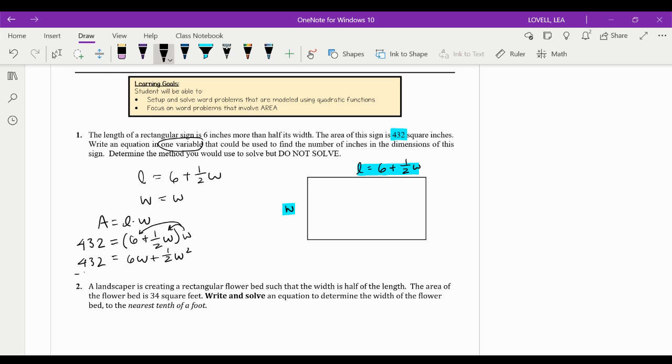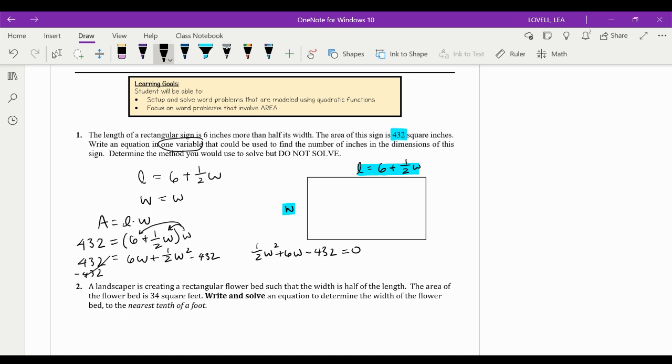And now I'm going to move the 432 to be over with the rest of it. And I would get 1/2 W squared plus 6W minus 432 is equal to 0.